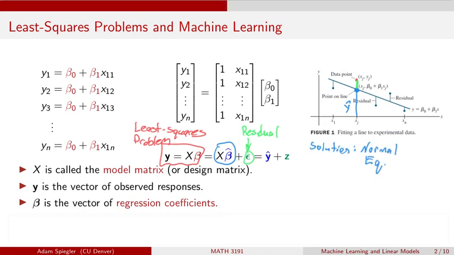And we've solved this by finding what are called the normal equations. So if I take this equation, x beta is equal to y, and I multiply both sides of this equation by x transpose, then on the left side we have x transpose x. This matrix x in general is not going to be a square matrix, but when I take x transpose times x, we are going to get a square matrix.